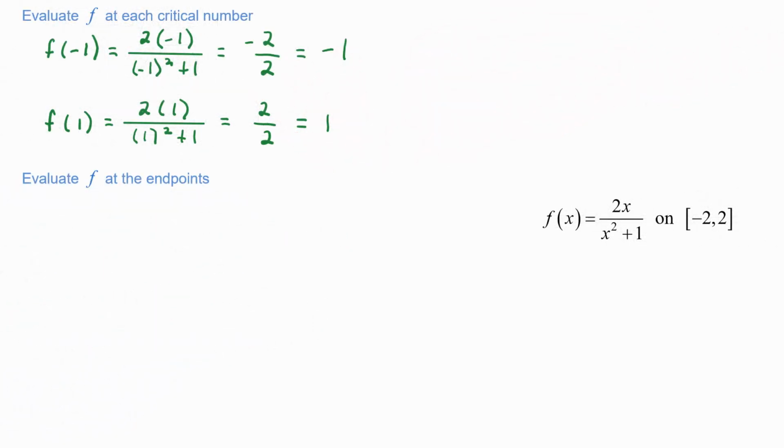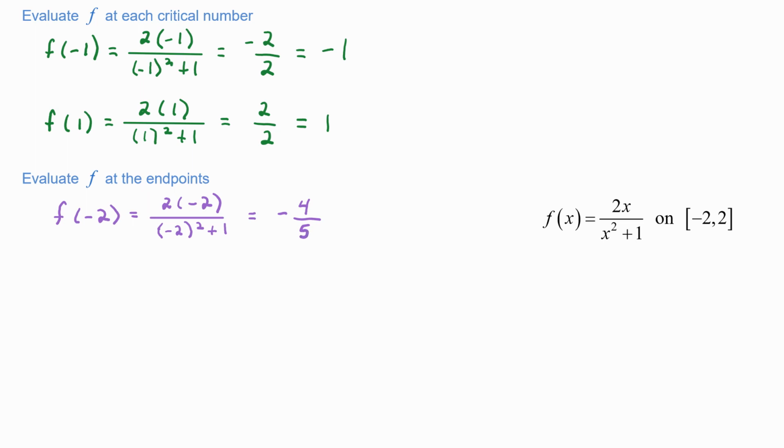Step 3 says to evaluate f at the endpoints. So f of -2 is going to be 2 times -2 over -2 squared plus 1. So we get -4 in the numerator and 5 in the denominator.